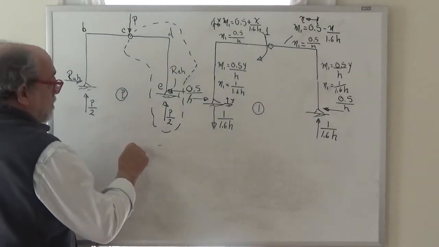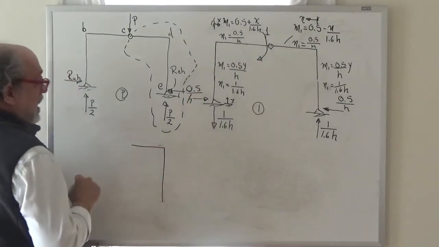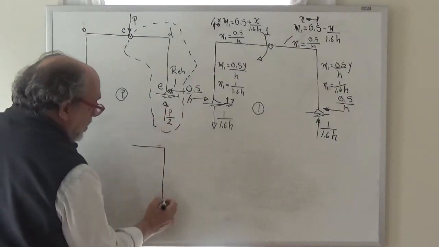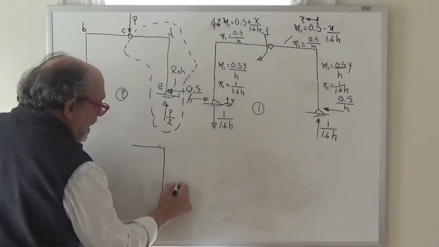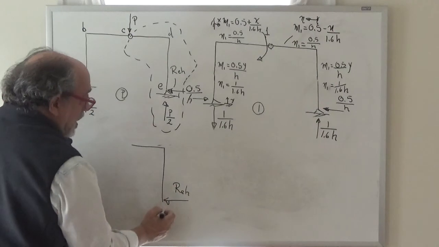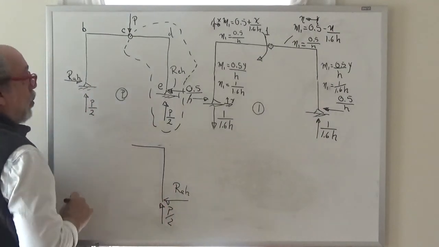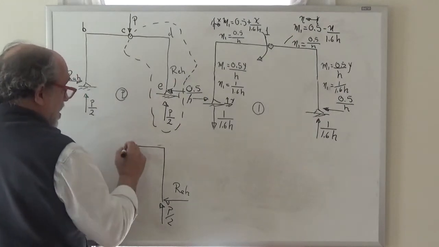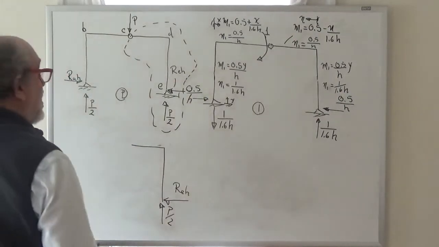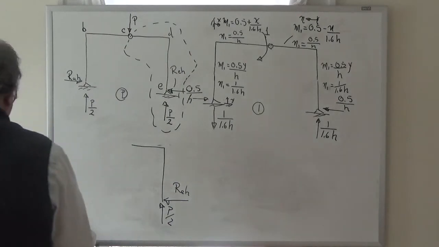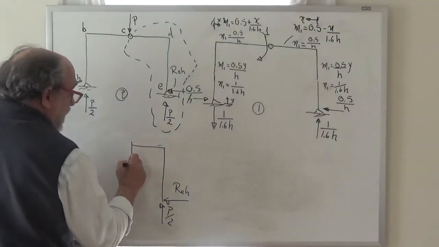So my free body diagram now looks like this. There is no P, but there is a horizontal reaction here that we don't know what it is. It's called RE horizontal. There is a P over 2 going up. And at this point, there is a shear. Now, can I take that shear in any direction I want? No, I cannot, because that shear must be in the direction that it was assumed previously, which was pointing down.